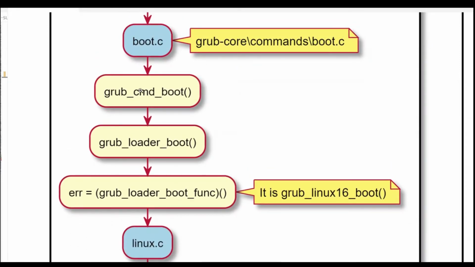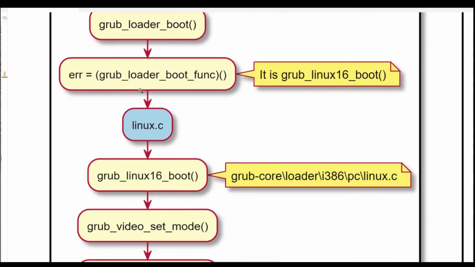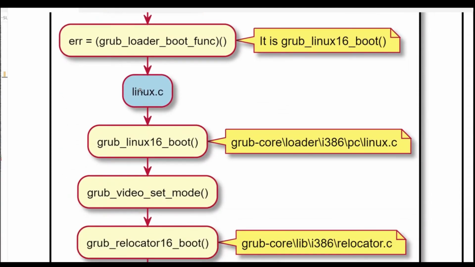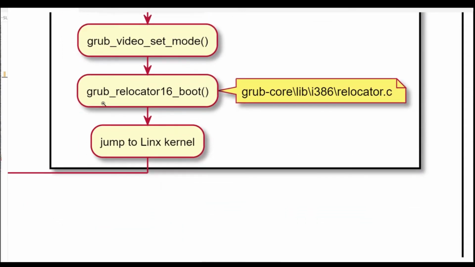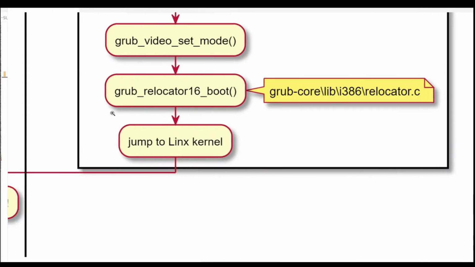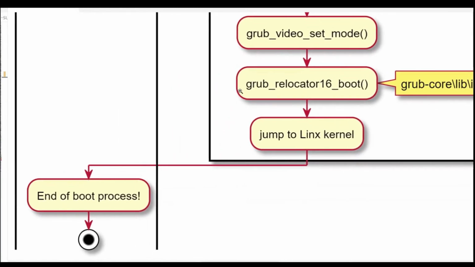The next function called is grub Linux 16 boot function in linux.c. After setting video mode, grub relocator 16 boot function is used to jump to Linux kernel, which marks the end of boot process using grub2 bootloader.